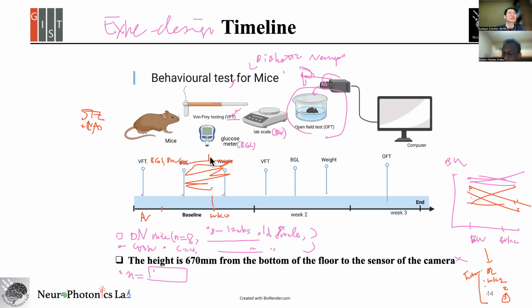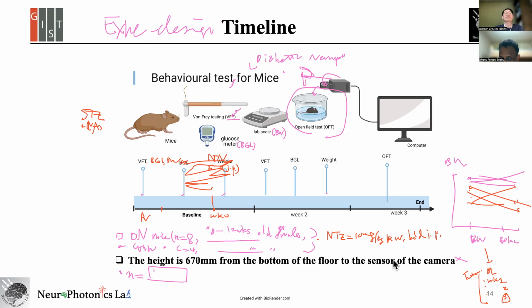You need to put STZ injection. How did you inject? IP? Yeah, IP. And you need to have the dose for that. Per mouse, STZ, how much? Let's say 10 milligram per kilogram body weight, something like that, IP injection.